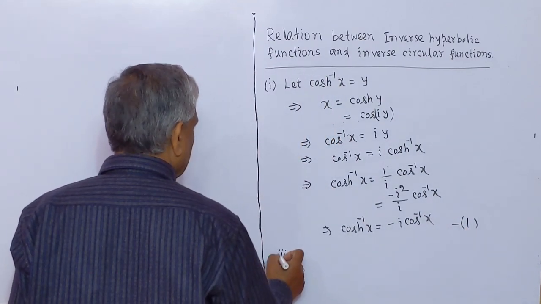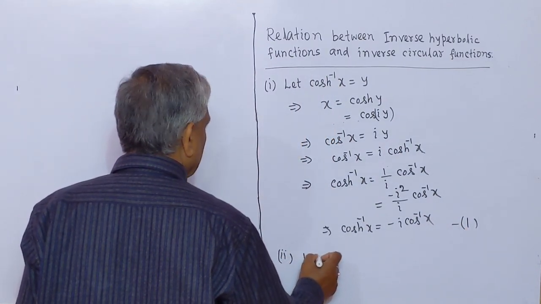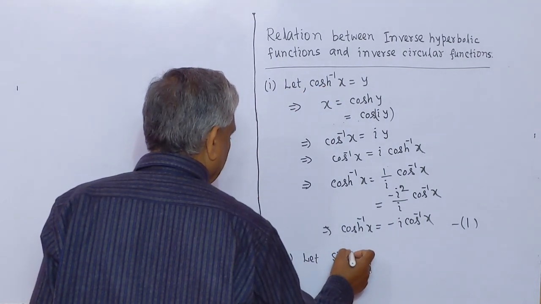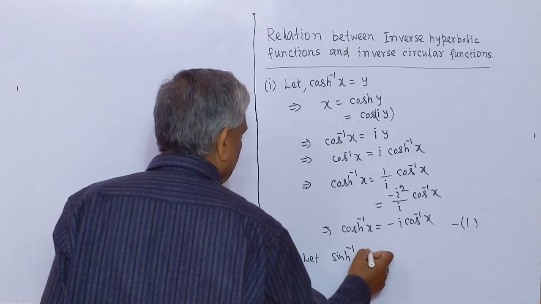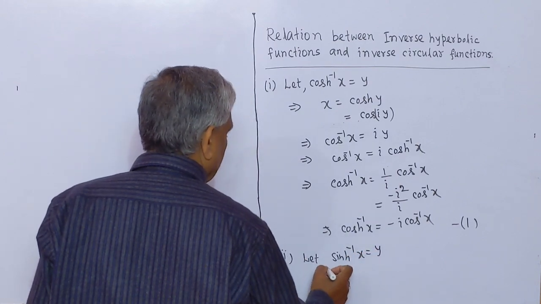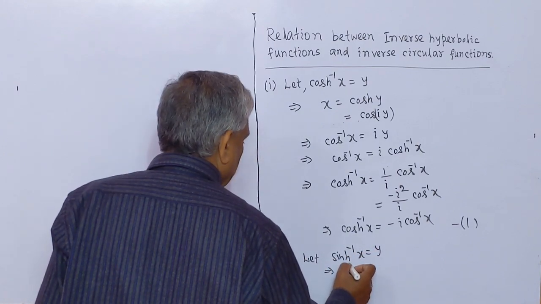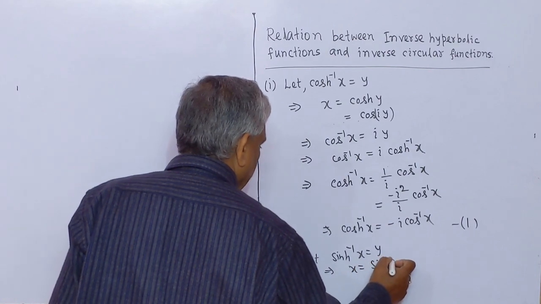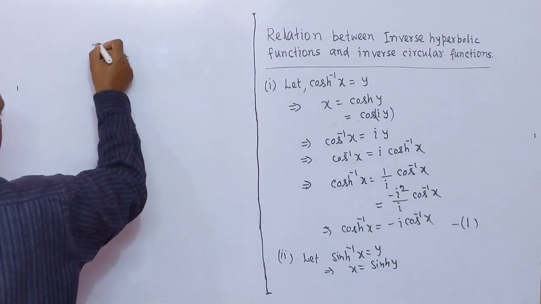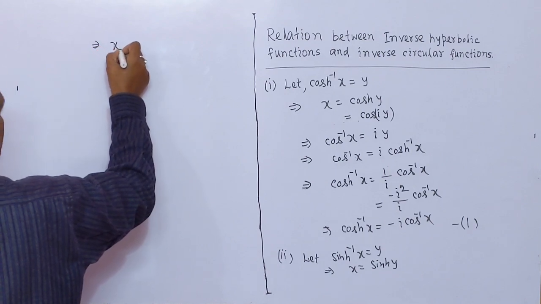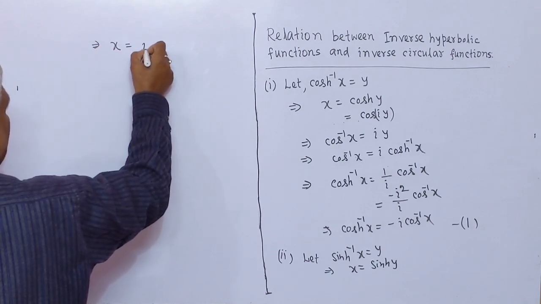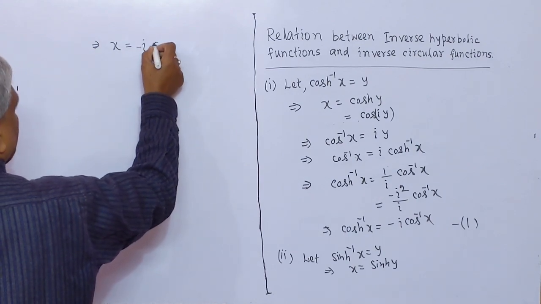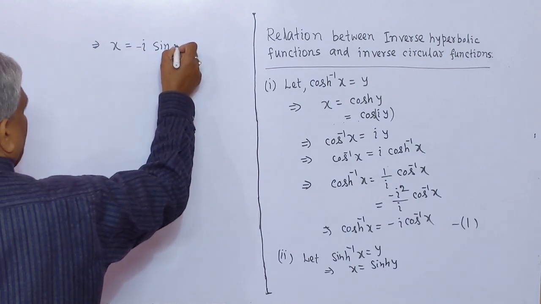Number 2. Let sine hyperbolic inverse x equal y. This implies that x equals sine hyperbolic y, which equals minus i sine iy.